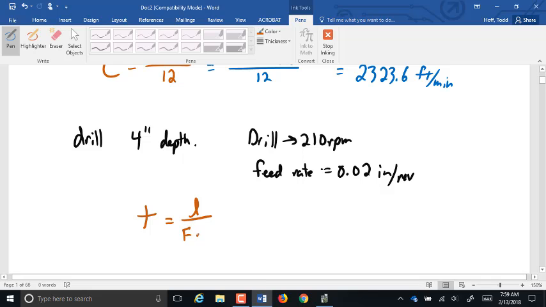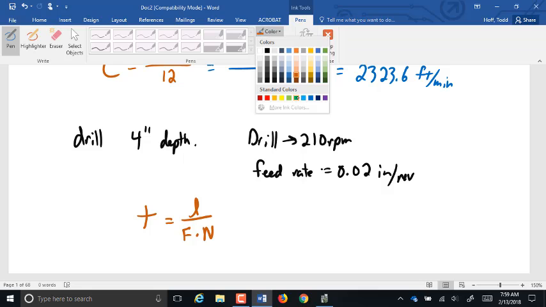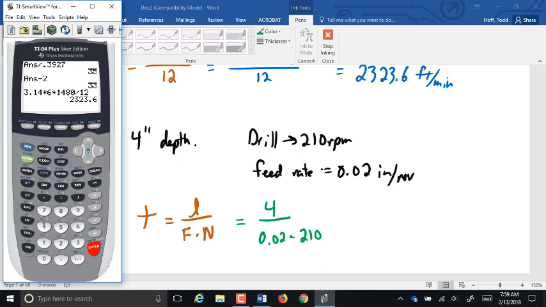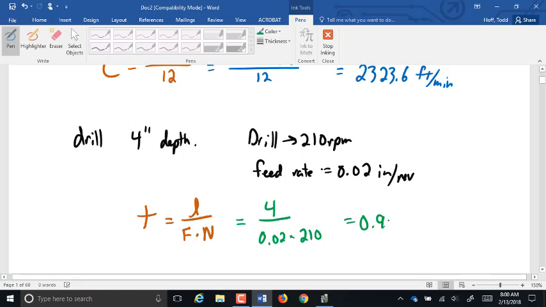The speed of the drill is your feed rate times your RPM. So your length of cut is 4 inches. What's your feed rate? 0.02 times 210. Now remember, when you punch this in the calculator, it's 4 divided by, you have to put parentheses around the bottom. 0.02 times 210. Close that parentheses. Get 0.95 minutes. So just under a minute it'll take. Questions?